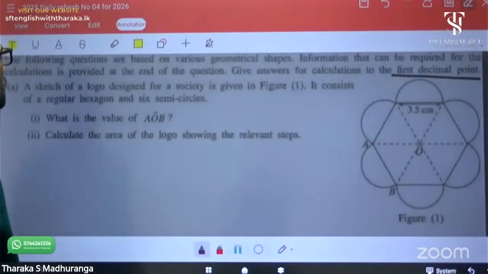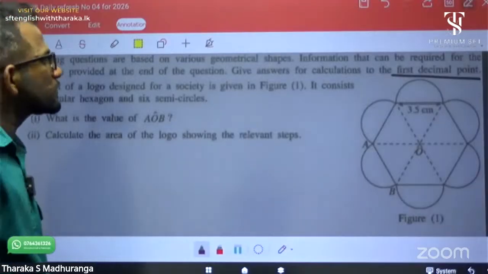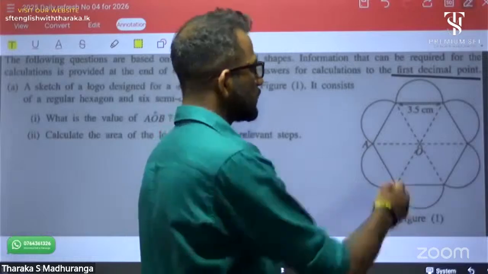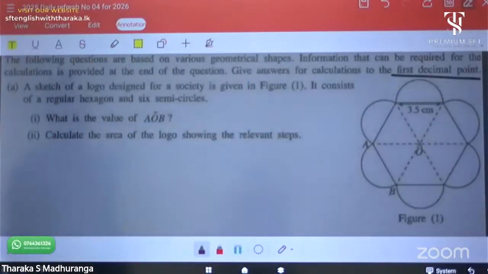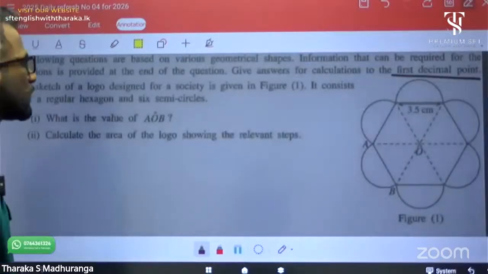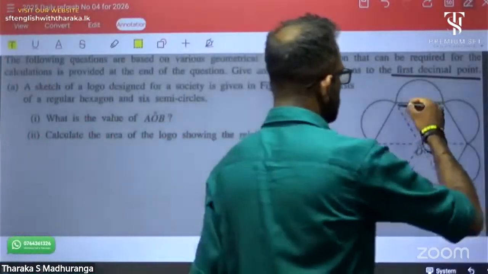The sketch of a logo designed for a society is given in figure 1. Yes, this is the logo. It consists of a regular hexagon and 6 semicircles.